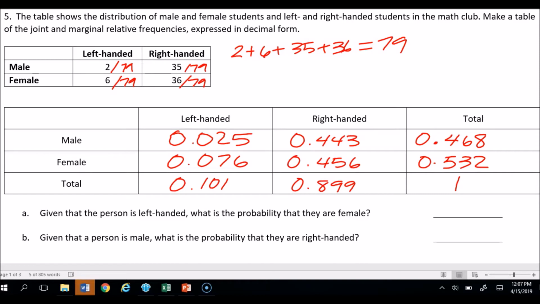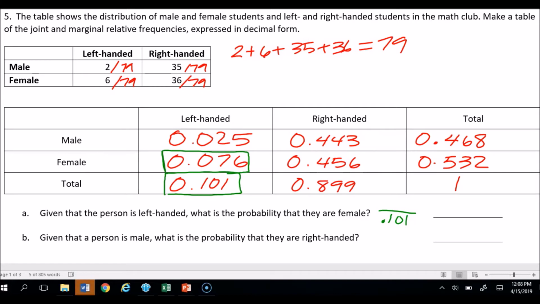Then down here it says, given that a person is left-handed, what is the probability that they are female? So we're looking at our total left-handed here. That's the number we're going to put in our denominator. So that's going to be 0.101. And then it's asking us what is the probability that they're female. And so then we're going to put this number on top.